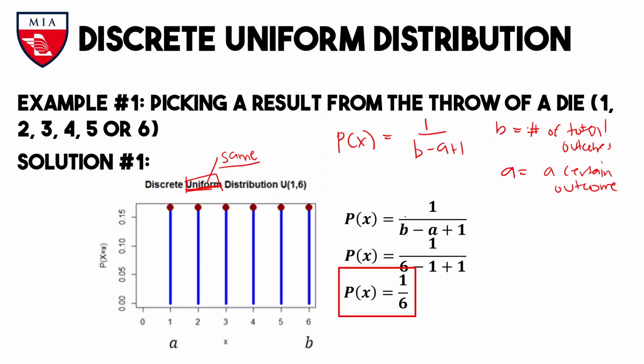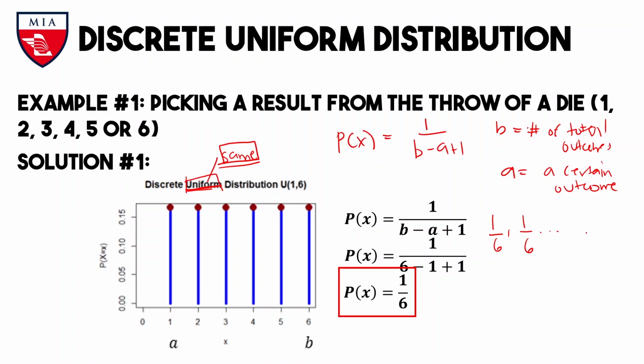Always remember, like I said, in terms of discrete uniform distribution, we are dealing with same values. For example, picking a result from the throw of a die: the probability of getting a 1 in a single throw of a die is equal to 1 over 6. The probability of getting a 2 in a single roll of a die is 1 over 6 again.